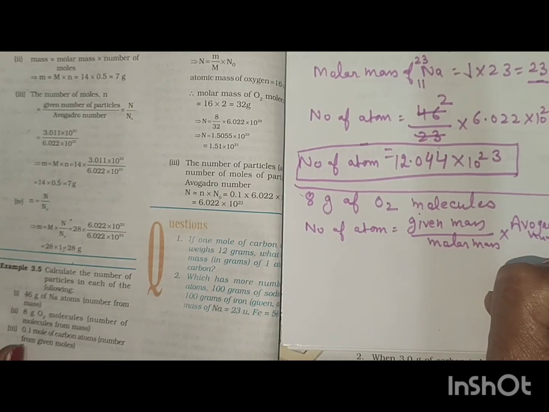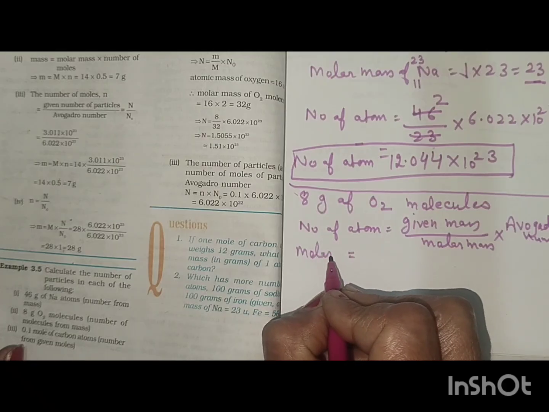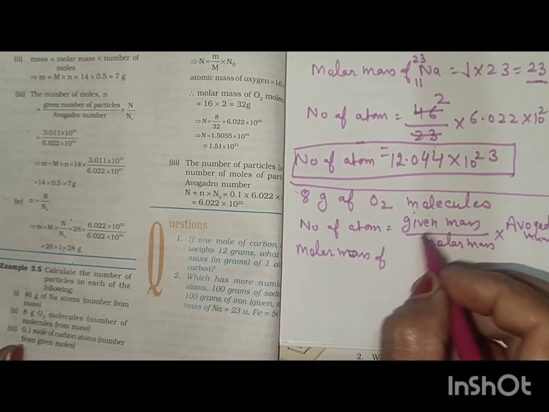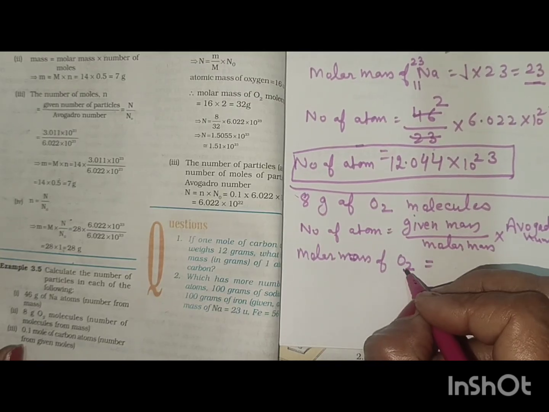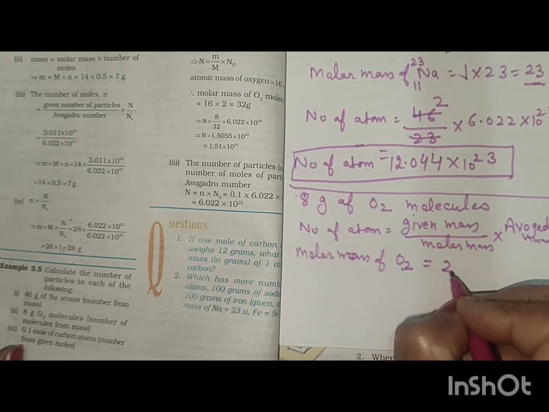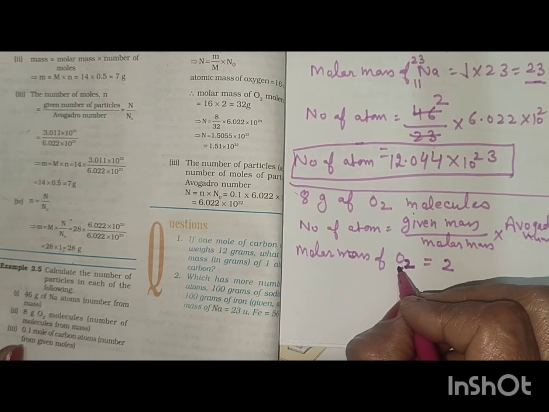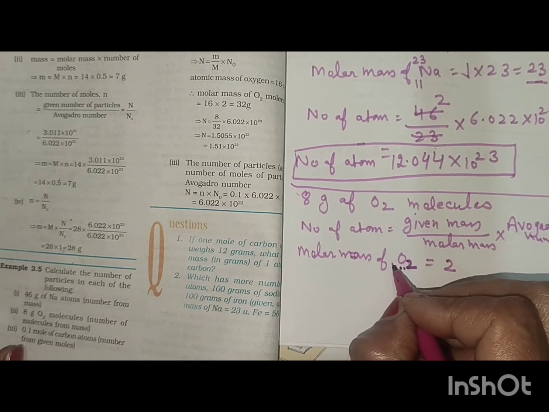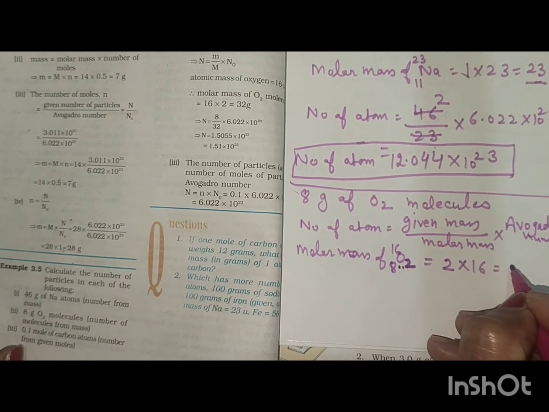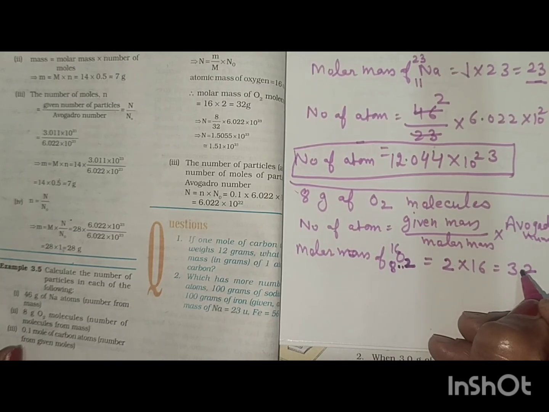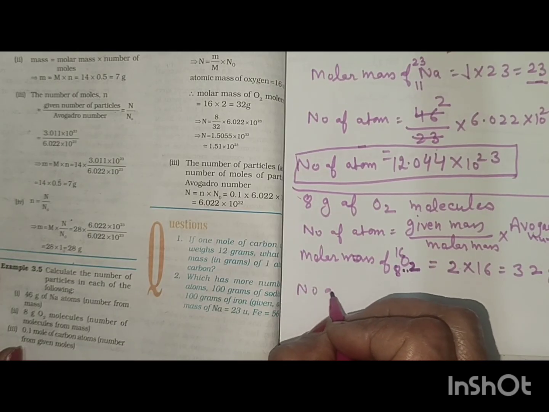Here first find out the molar mass of the O2 molecule, not in the atomic form, it is in the molecule form. Here two atoms of oxygen are present because it is in the O2 form, and its atomic number is 8 and mass number is 16. Then its molar mass becomes 32 gram.